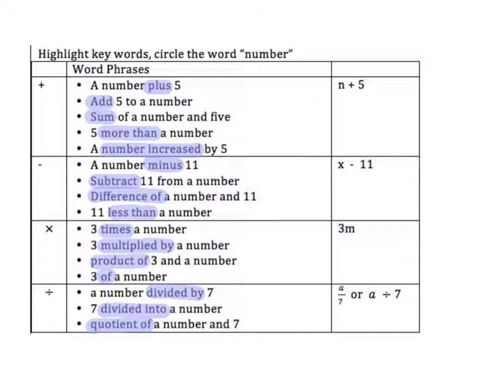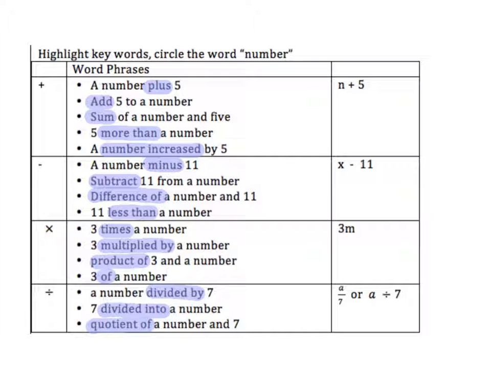All right, these are the words that you should have highlighted. The keywords that represent addition are plus, add, sum, more than, and increased. The keywords that represent subtraction are minus, subtract, difference of, and less than.